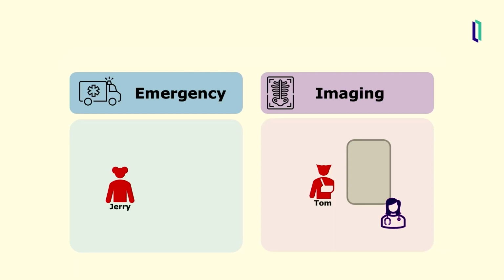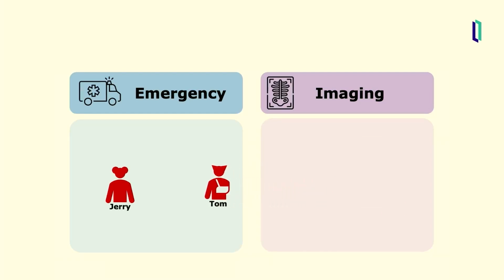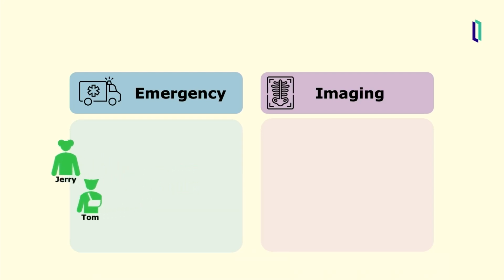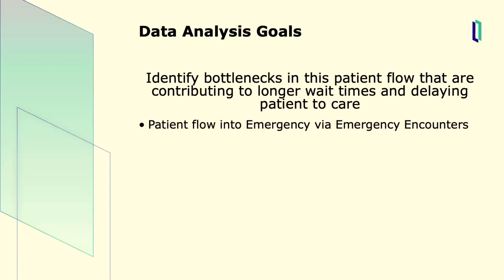So if both of these resources are not coordinated, they can result in long wait times or cancellations of procedures. Both can lead to decreased quality of care. So once Tom is done with his images, he can get treated by the physician, and then both of them can exit the emergency.